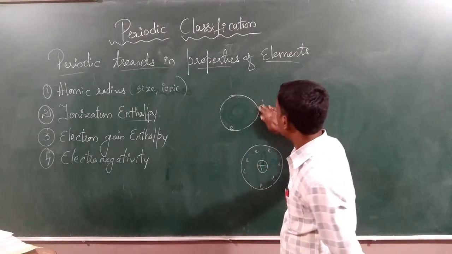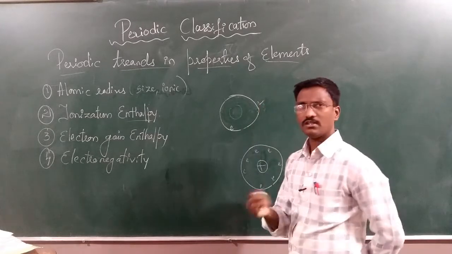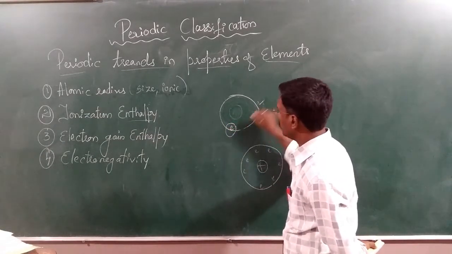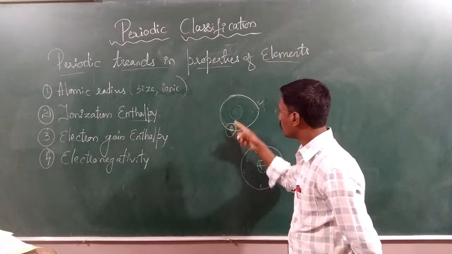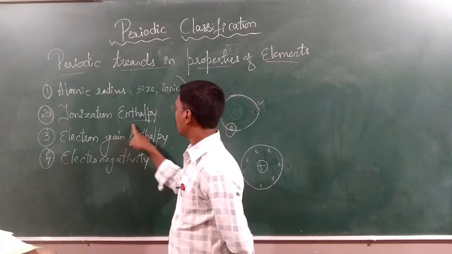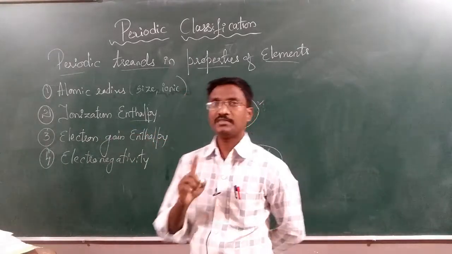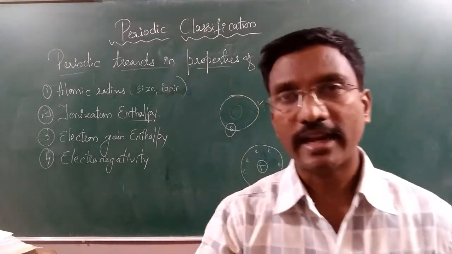If it has only two shells, think that this is K and this is L. So here L is the outermost shell, and we can remove the electrons of the outermost shell. How much energy do we need to remove the outermost electron? That is called ionization enthalpy. Enthalpy is nothing but energy. What is ionization enthalpy? The amount of energy required to remove the outermost electron.